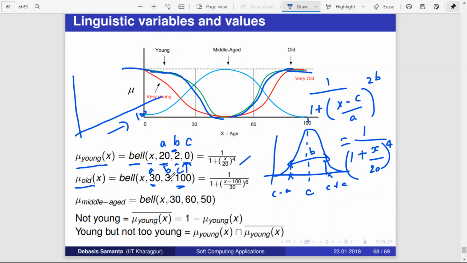And here b is 3; again this is the slope. When you plug this into the formula, c is 100, so x minus 100, divided by a which is 30, and b is 3, so 2b is 6.